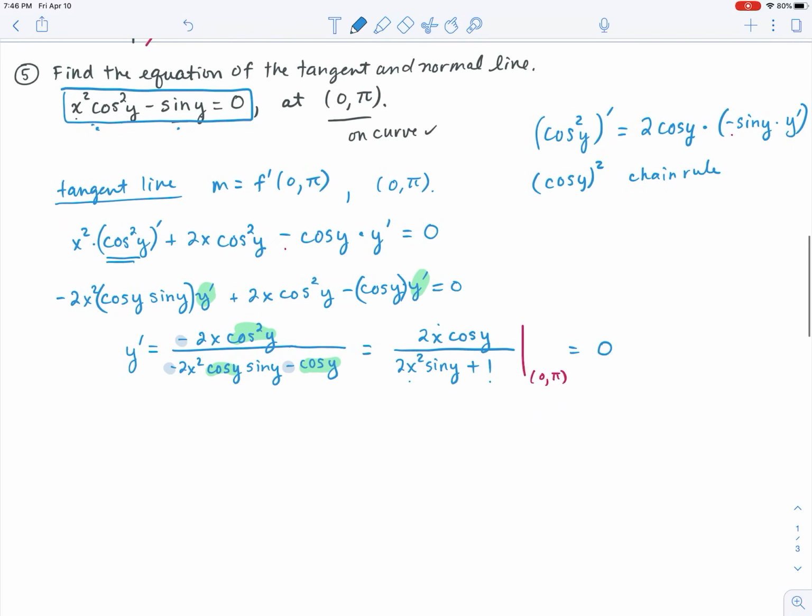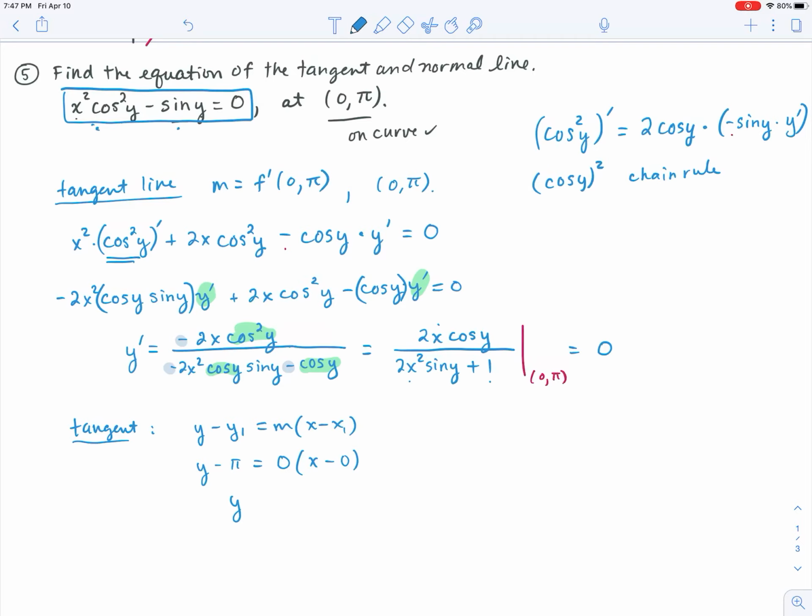So what is our tangent line? If we do y minus y1 equals m times the quantity x minus x1, then we have y minus pi equals 0 times x minus 0.